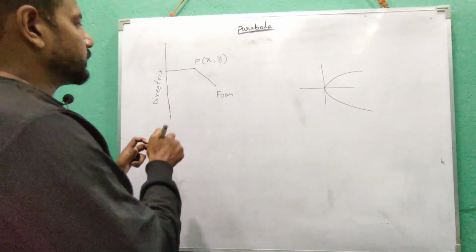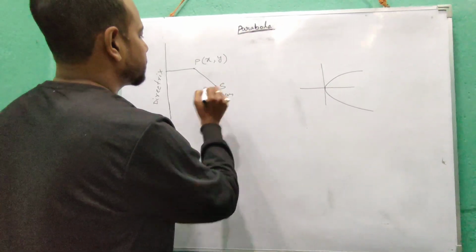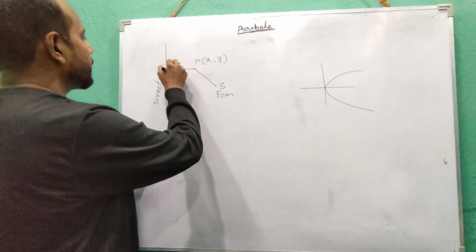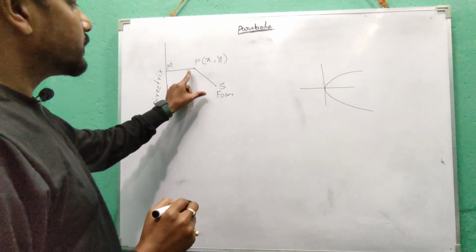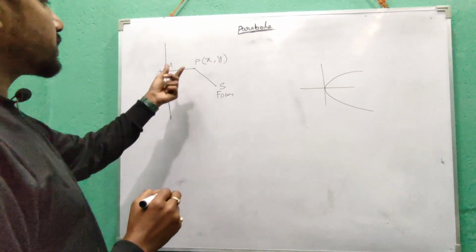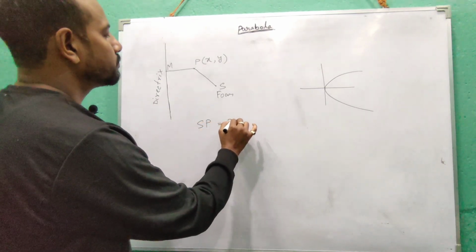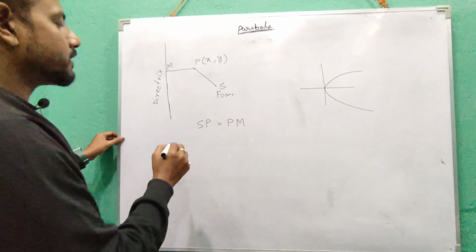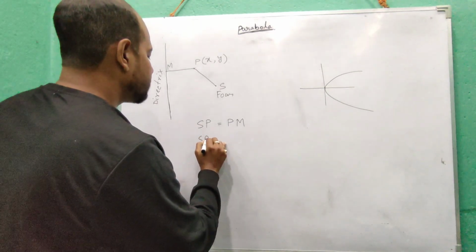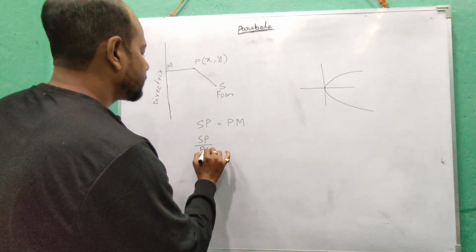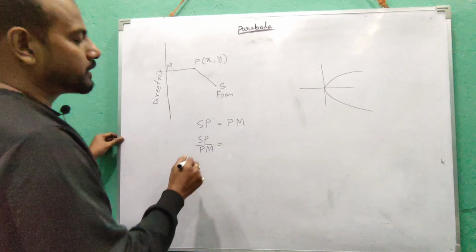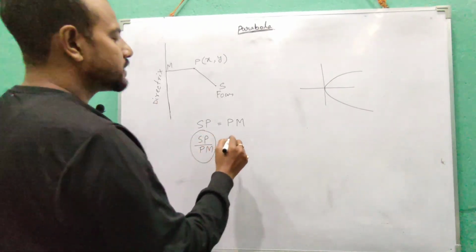Suppose this point is S and this point is M. Then if these two distances are equal, SP equals PM, and this ratio SP by PM is called eccentricity.